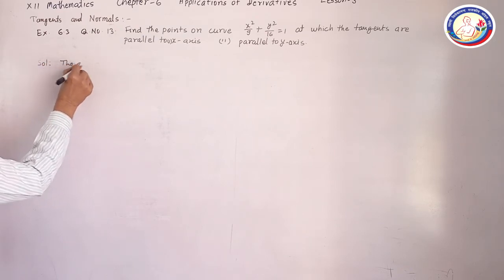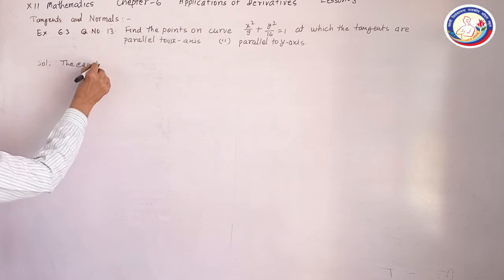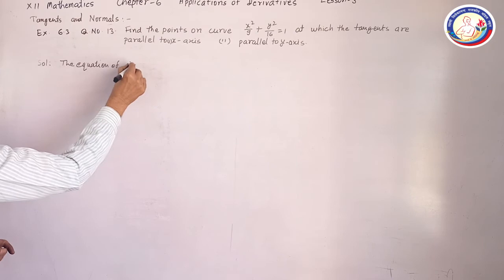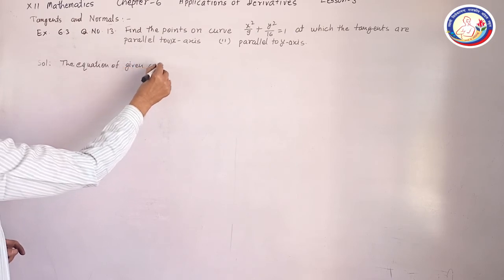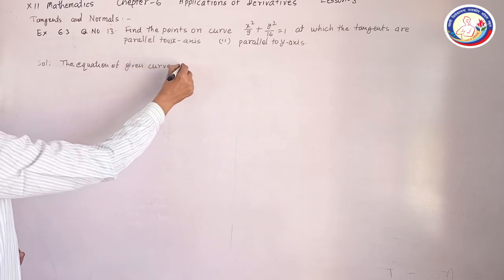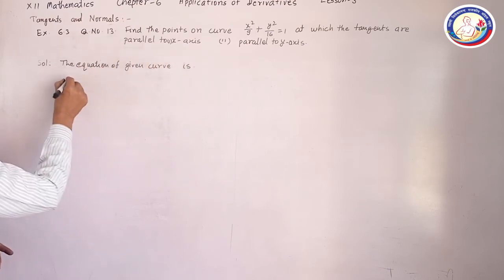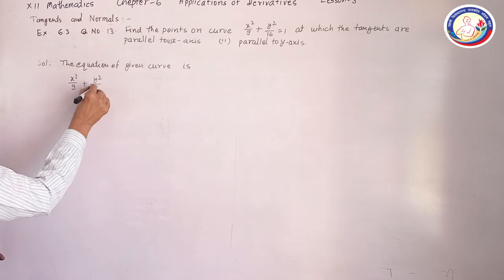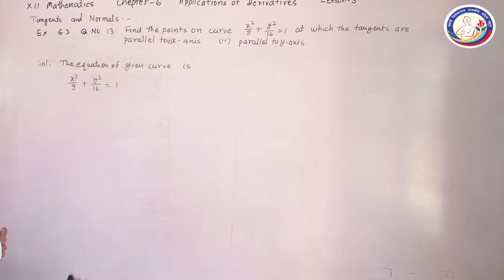The equation of the given curve is x square upon 9 plus y square upon 16 equal to 1.